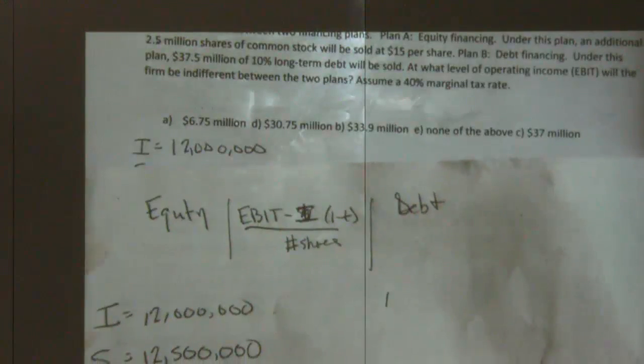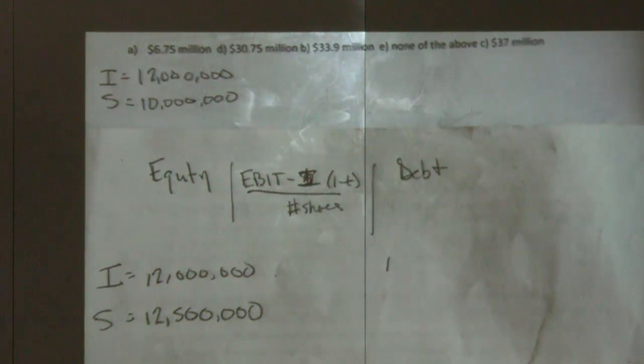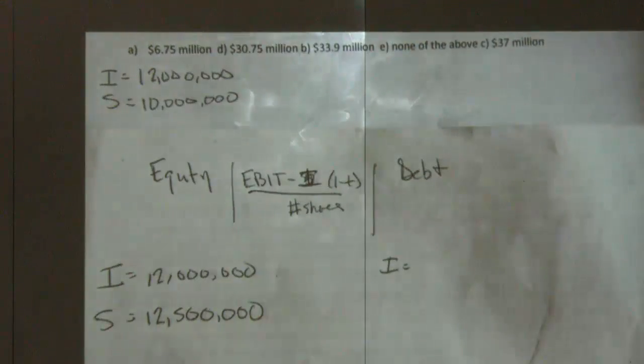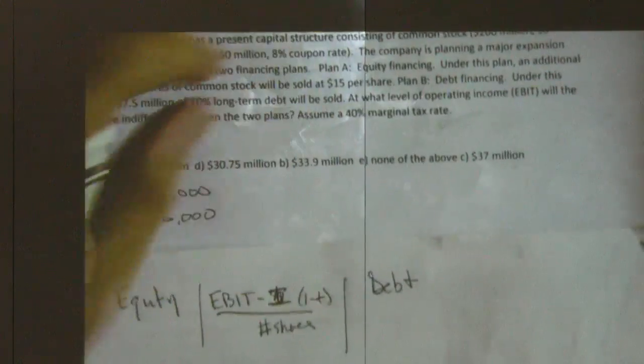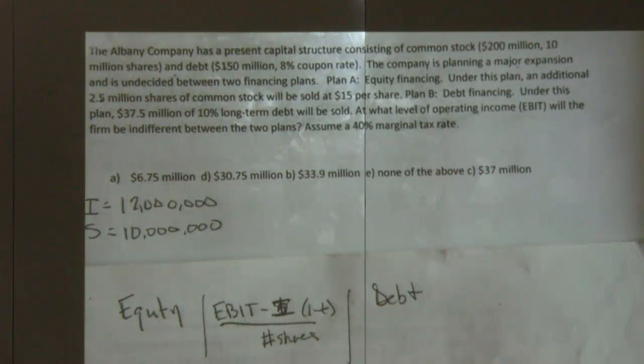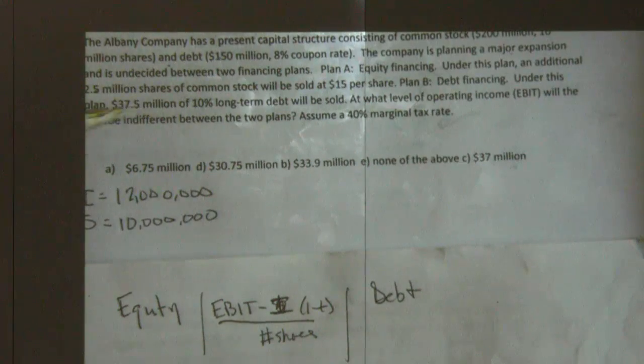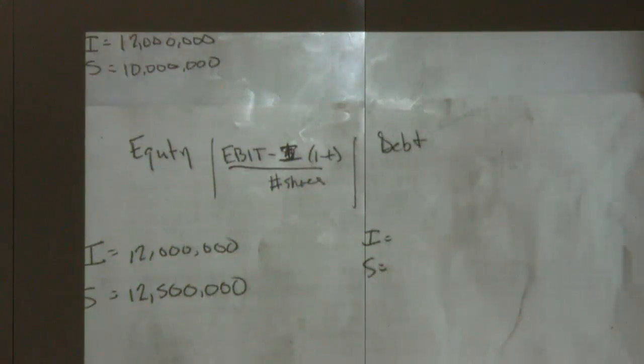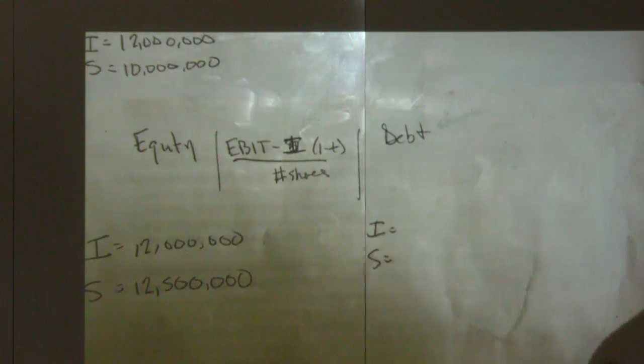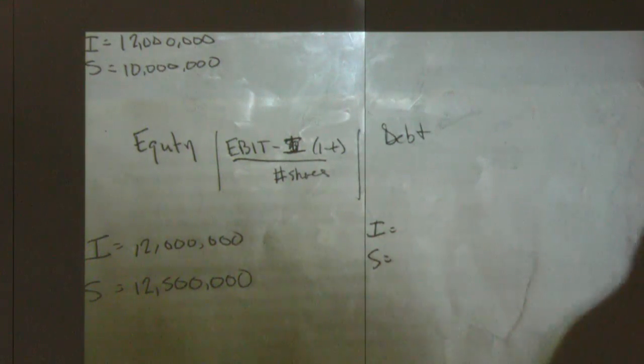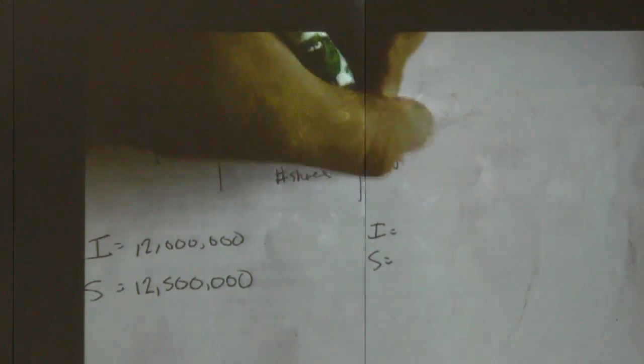Oh, sorry about that. So our debt is going to be I equals. I have to go back down. Sorry. Debt financing under this plan, 37.5 million. We'll use 10% long-term debt, so we're going to be adding 10% of 37.5 million. When you do that, you end up with a new interest of 3.750.